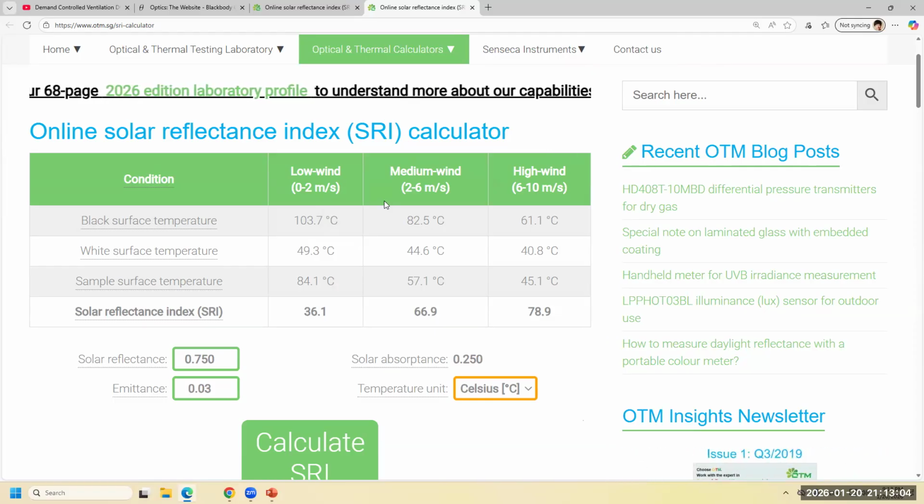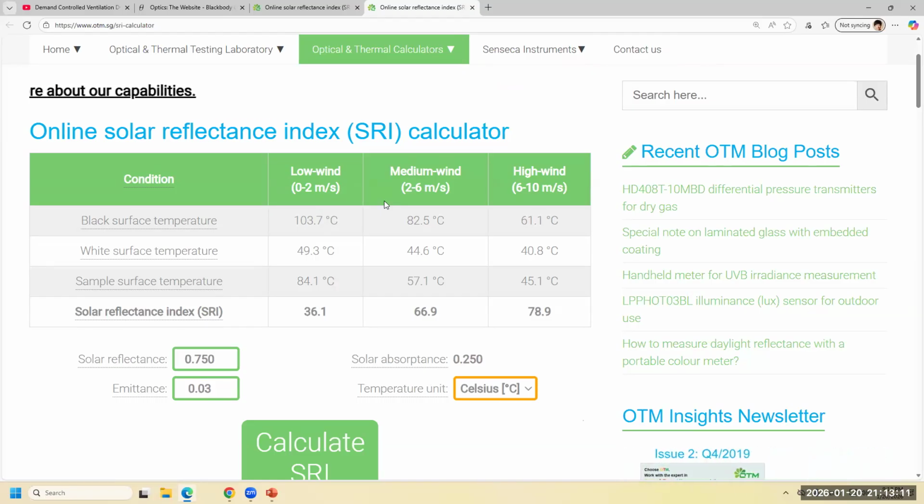Does this change your views on the urban temperature? No?